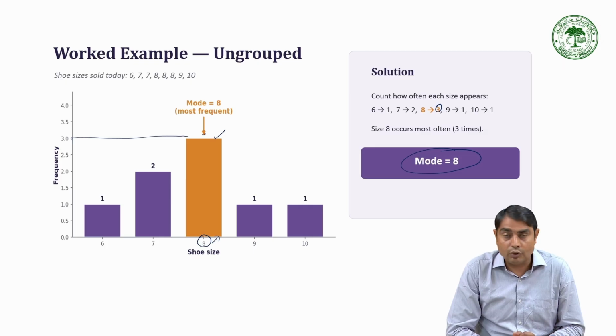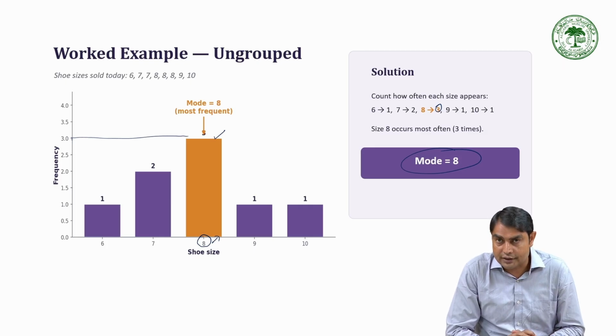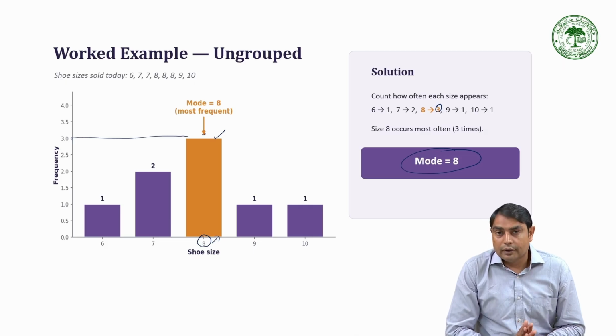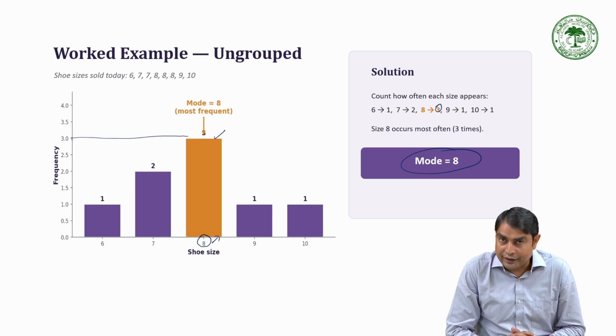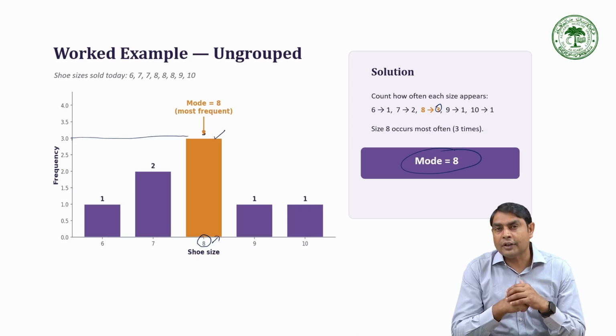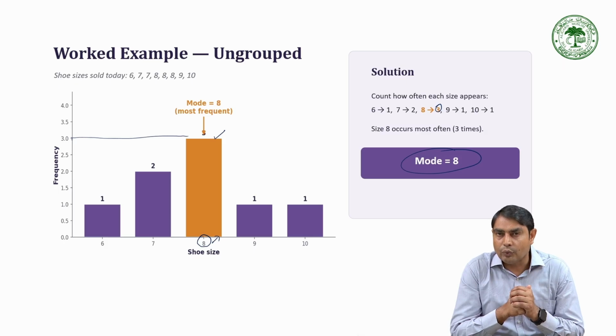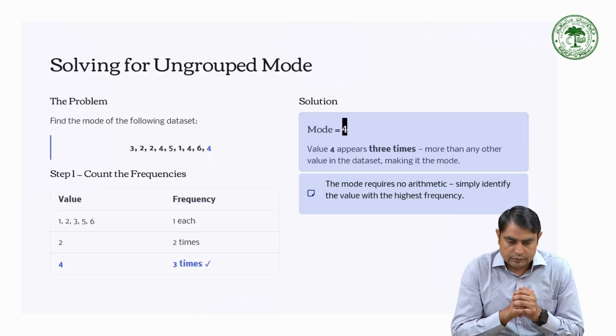And in case all numbers are equal, then I can say it is a no mode data, right? Then moving to the next part, in which we will be covering how to deal with the problems of grouped data for estimation of the mode.